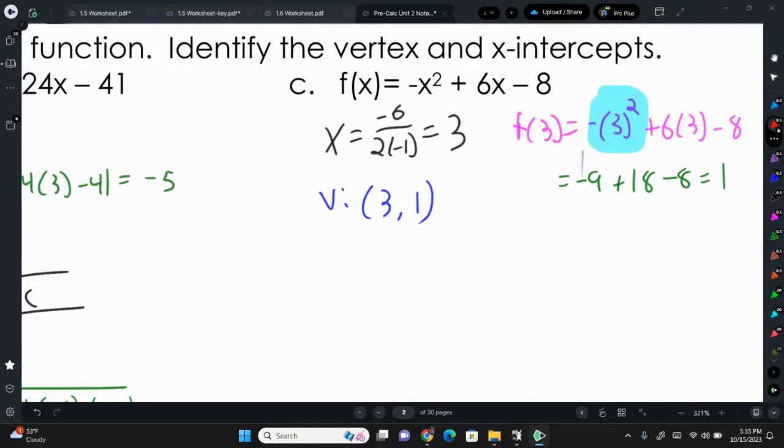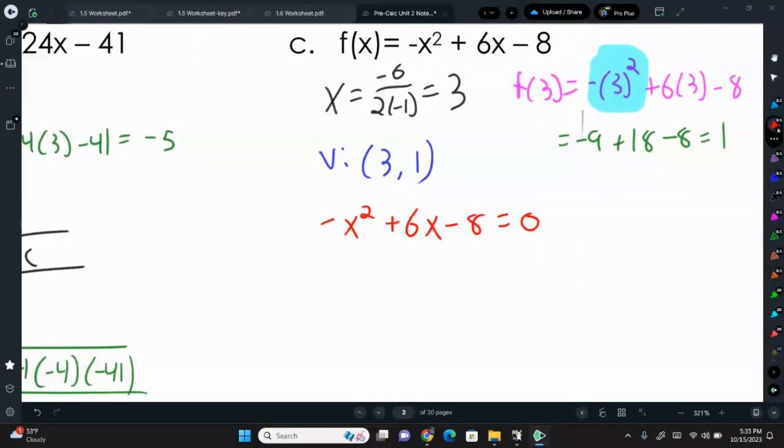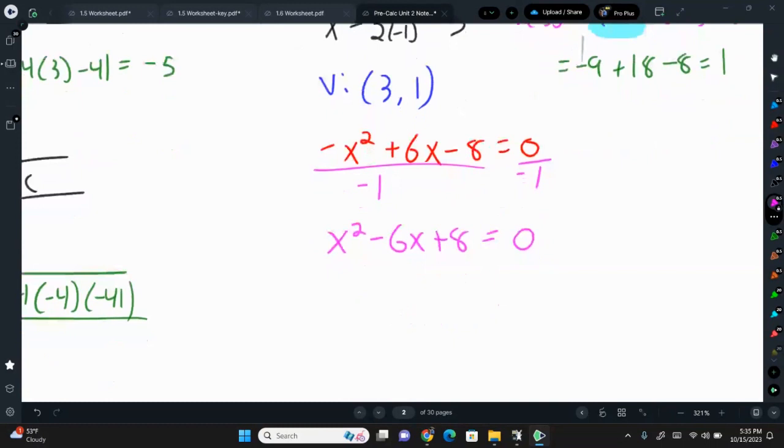Now for the x-intercepts, we're going to set this equal to 0. And I like having my x squared to be positive, so we're going to divide both sides by negative 1. When we divide both sides by negative 1, we get positive x squared minus 6x plus 8 equals 0, because 0 divided by negative 1 is still 0.